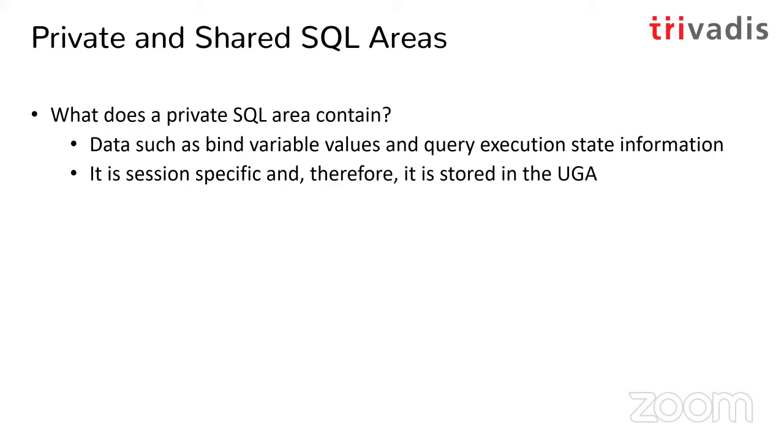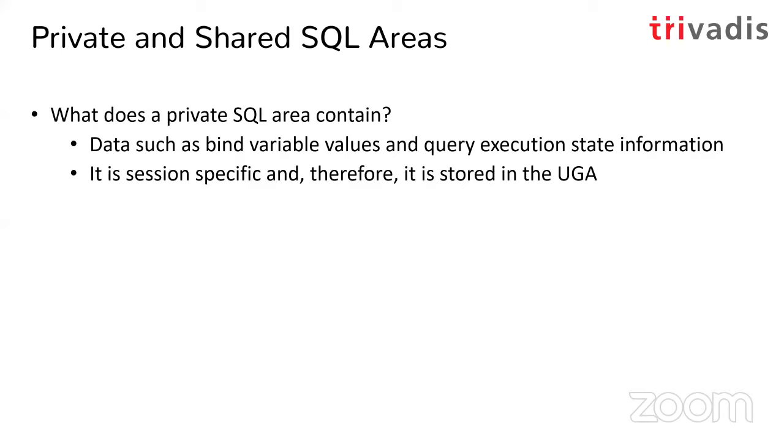For example, if you have a statement with bind variables, then the value of this bind variable must be there. If you are executing a statement, the state of the execution is also there. For example, if it's a query, you are retrieving data from the server. That's where Oracle stores the information.